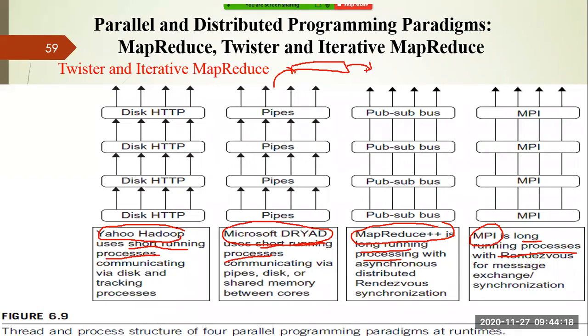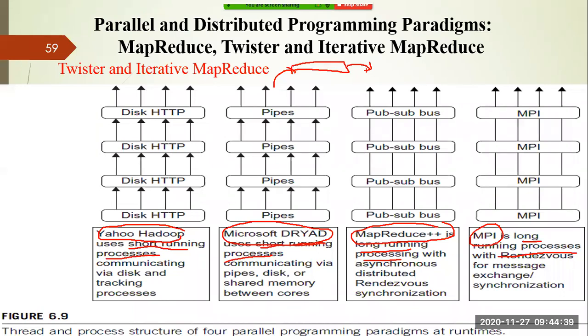If somebody is writing something in the pipe, then only the other person can read it, right? And MapReduce uses a publisher and subscriber bus to do the work, and to ensure asynchronous distributed synchronization, right? Synchronization should be maintained.